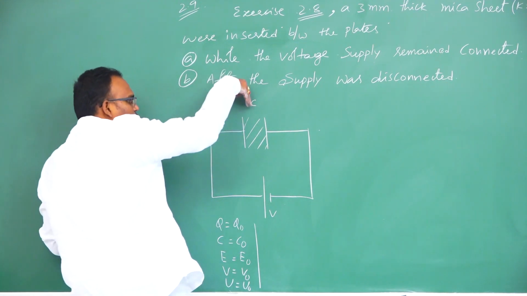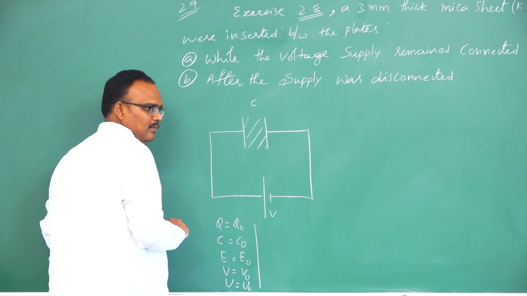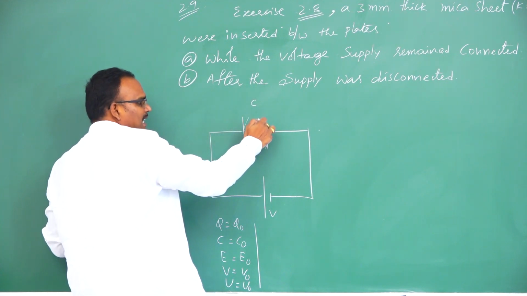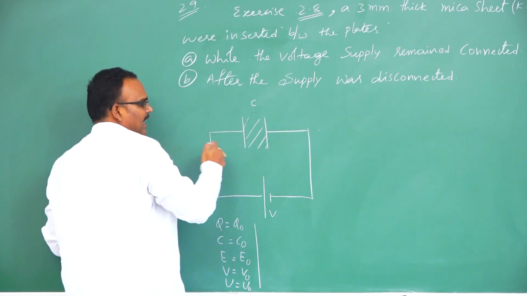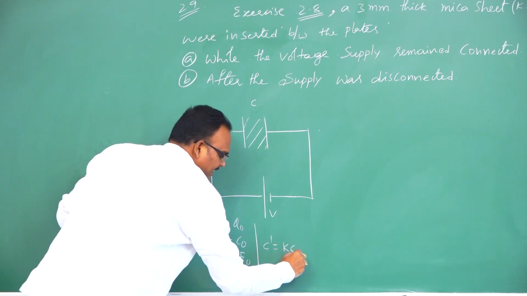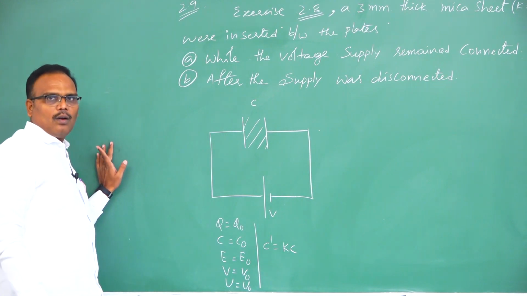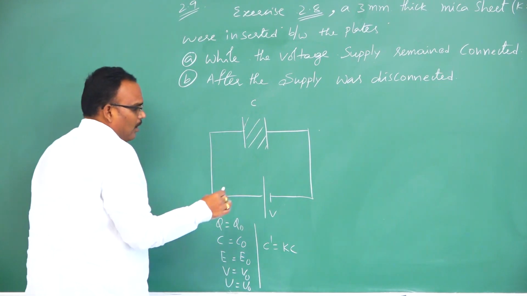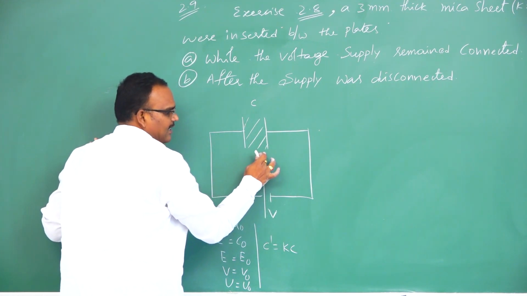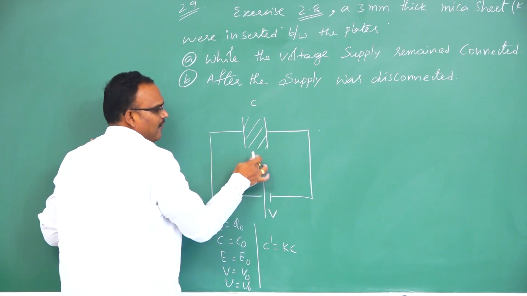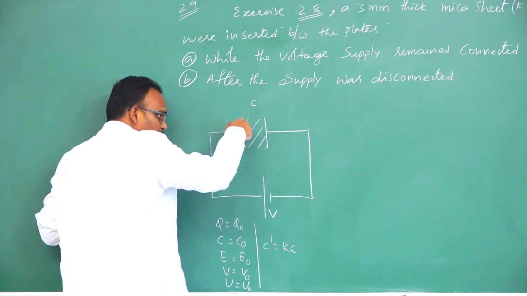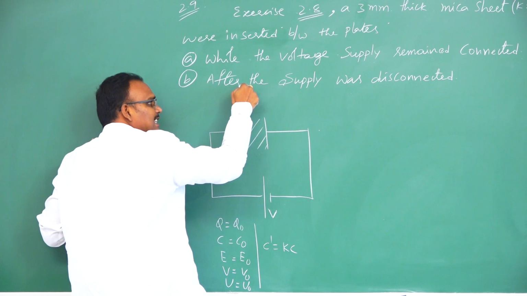Now we will see after introducing the dielectric slab. We already know that when a dielectric slab completely fills the space between the capacitor plates, its capacitance increases. So that means C dash is equal to Kc naught. When potential difference V is applied, originally the same potential difference will develop, say V. When we introduce a dielectric slab between the capacitor plates, capacitance increases.